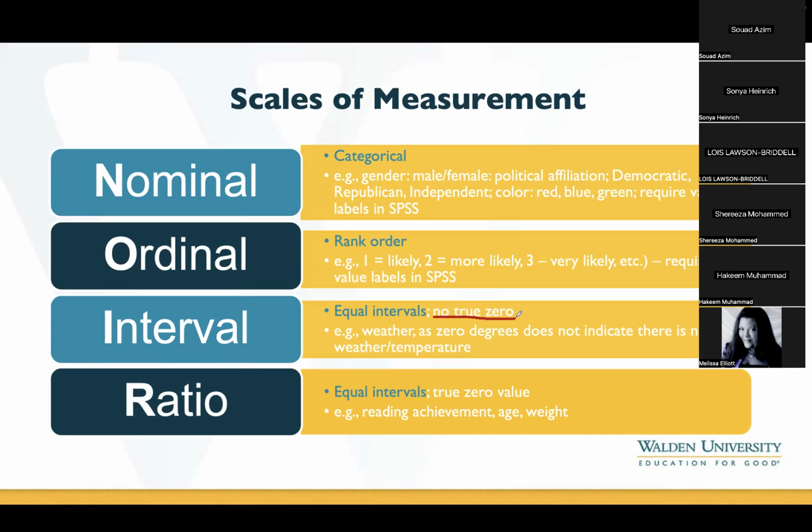So that's the interval. No true zero value. Now, we then go to the highest order, which we call a ratio. And that's equal intervals, very similar to the interval, but the distinction is that there is a true zero value.